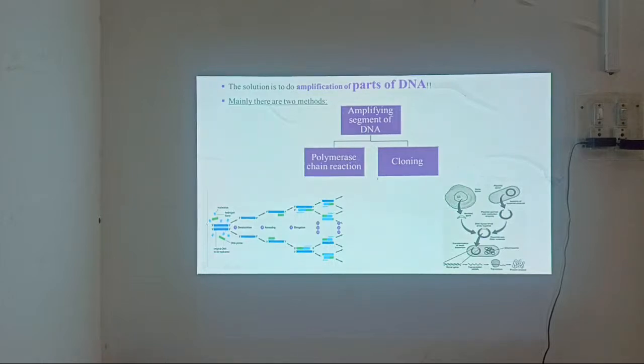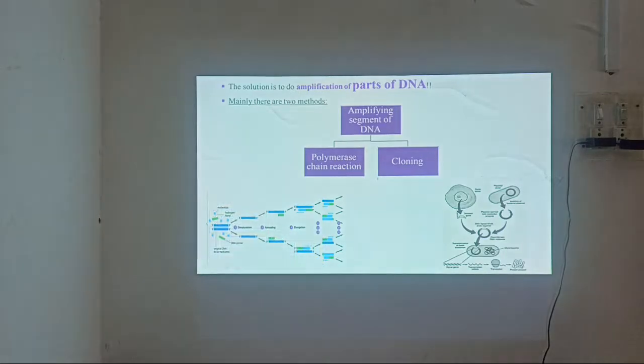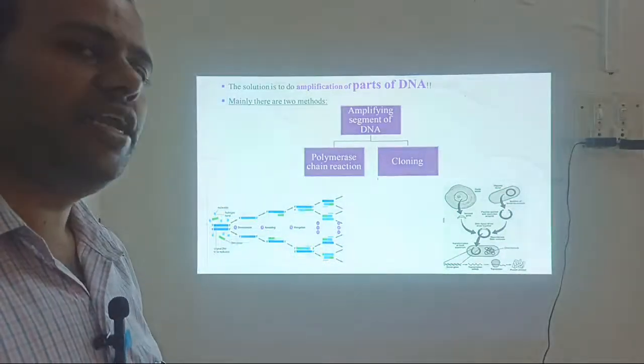They used to add the fragment into the bacterial cell, and then they used to amplify. Okay, so here you can see the amplification. Okay, so the amplification was done using bacteria.